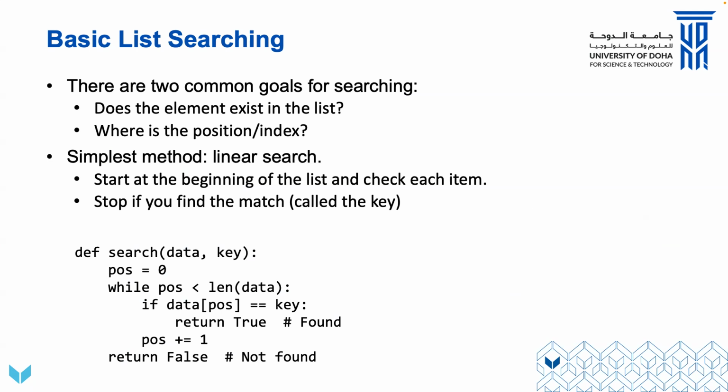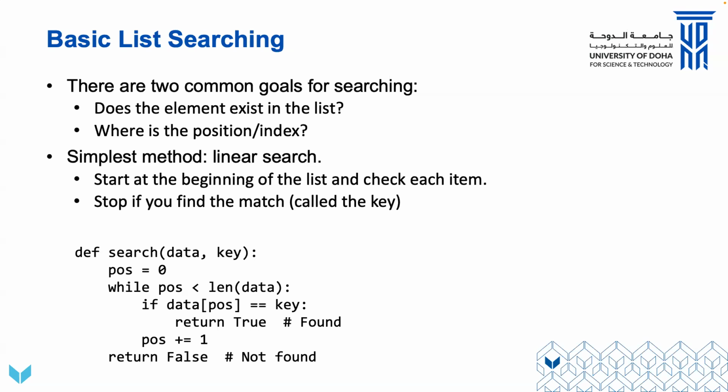The first question is, does a particular element exist in the list? So you have a list of things. It kind of partially applies to dictionaries as well, but not really, because with a dictionary, given a key, you can find it really quick. So I'm really just talking about lists today. Given a list of a bunch of things, does a certain element exist in the list?